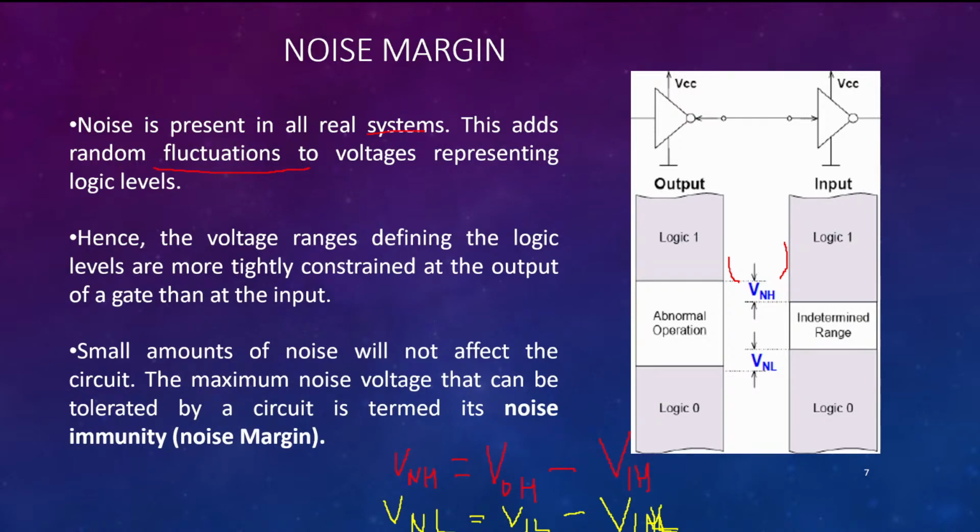So this is the formula of VNH and VNL, that is the noise margin in logic 1 state and noise margin in logic 0 state. The maximum noise voltage that can be tolerated by a circuit is called the noise margin. So you need to remember the formulas over here, right?